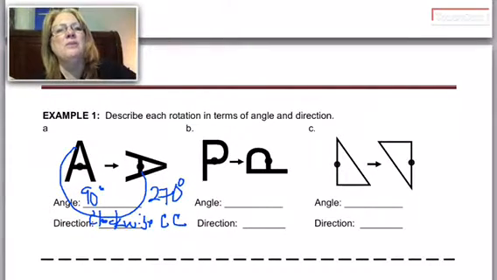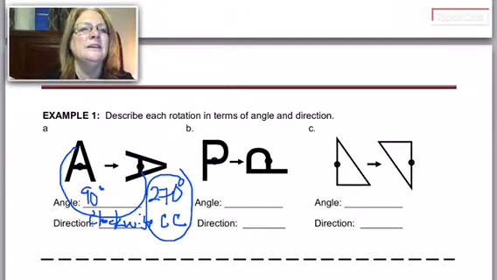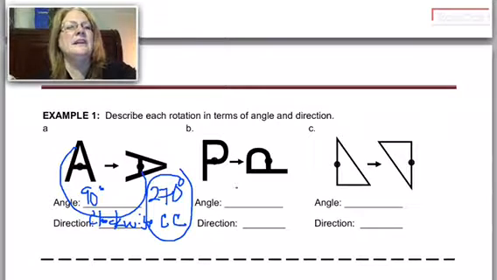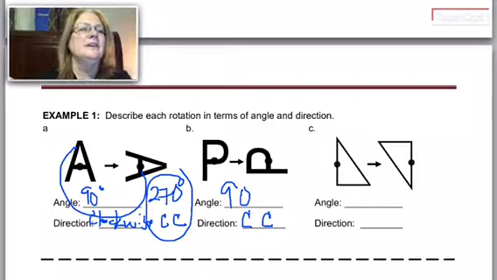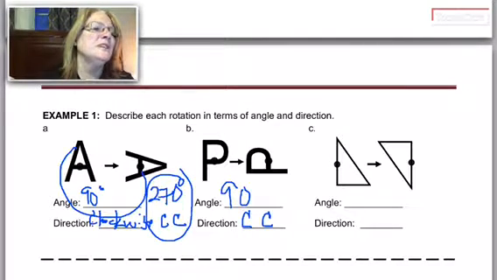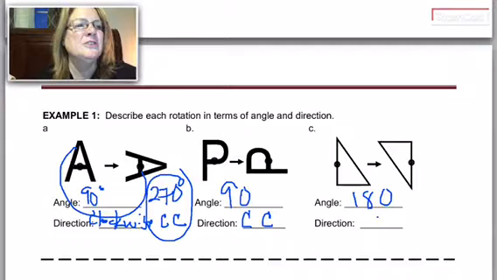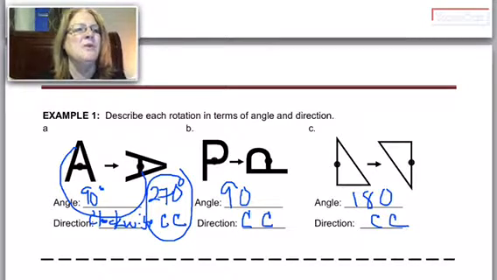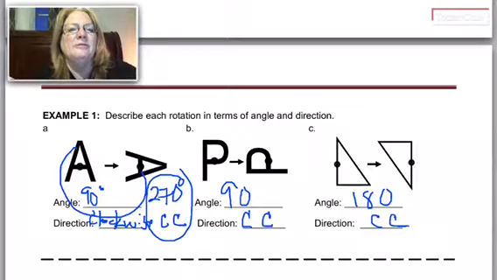Okay, and so with applying our rules, this would be the way we'd want to look at that. Now, B, that's a 90 degrees counterclockwise. And then what about C? Okay, it's 180 degrees, and you could get there clockwise or counterclockwise. You end up in the same place, but we'll call it counterclockwise because those are the rules that we have.